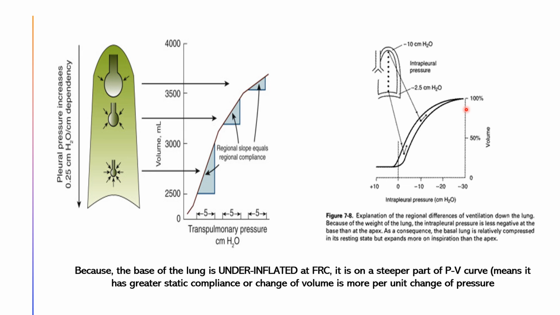So we can say the underinflated alveoli at FRC at the base will have more stretchability, more static compliance, more change of volume per unit change of pressure as compared with the apical alveoli. This explains why increased ventilation occurs at the basal part of the lung.